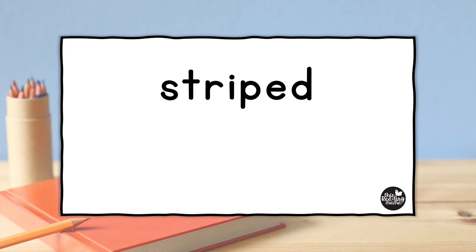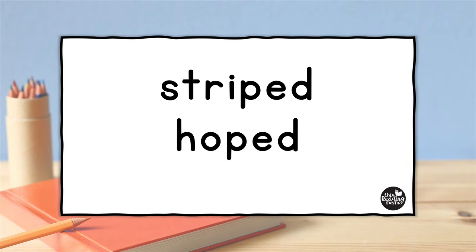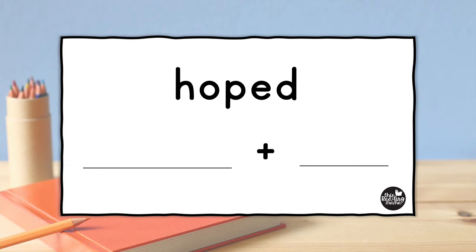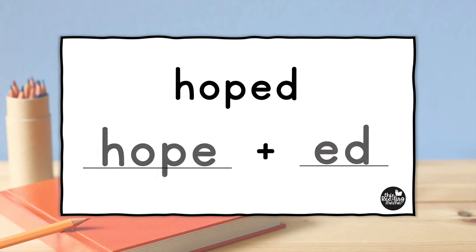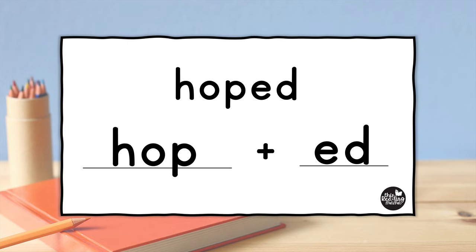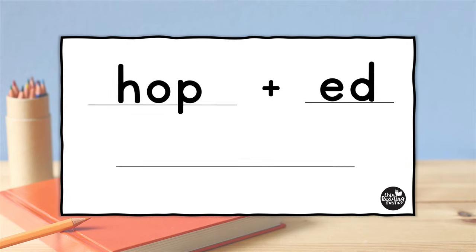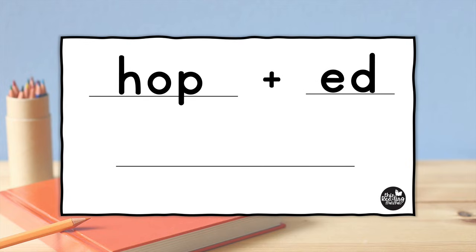Let's try one more. Is this word hopped or the word hoped? Well, let's break it down to figure it out. We could try adding hope and the ed, or we could try hop with the ed. And again, let's look at that. If we look at the base word hop, we have another 111 word.